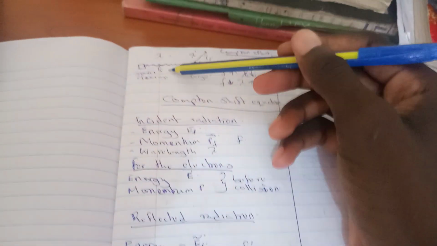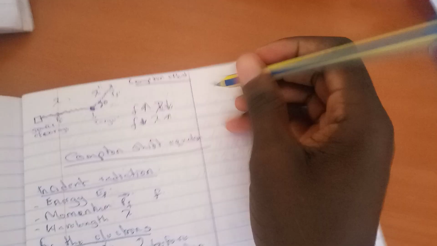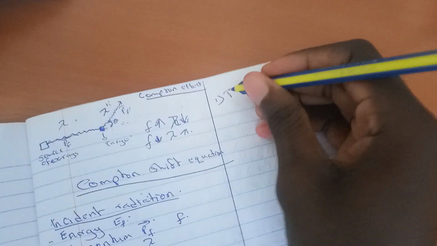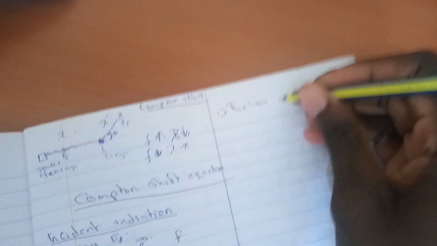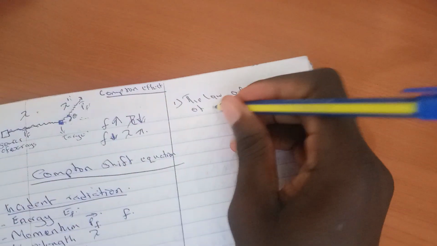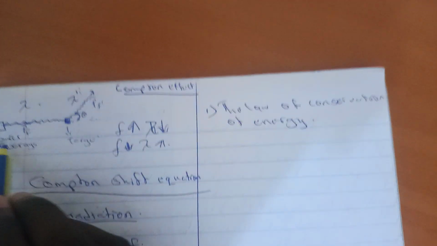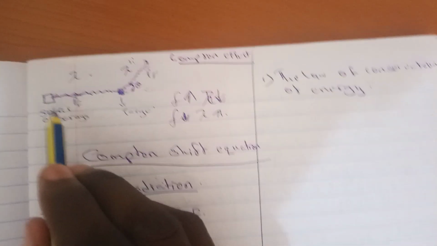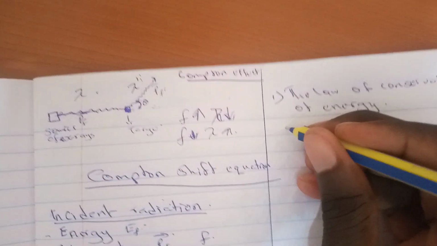This X-ray obeys two laws. One, we have the law of conservation of energy. Now, we have the energy of the incident ray or radiation. Its energy was E_F.